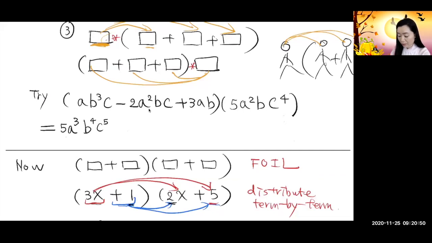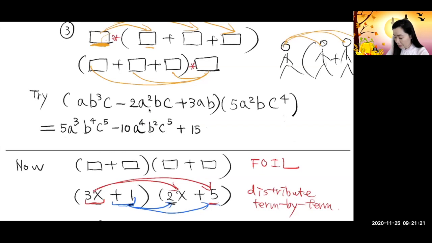Similarly, you use this to multiply the second term. First, -2 times 5 is -10. And then a squared times a squared is a to the 4. B times b is b squared. C times c to the 4 is c to the fifth power. And the last one, 3 times 5 makes 15.